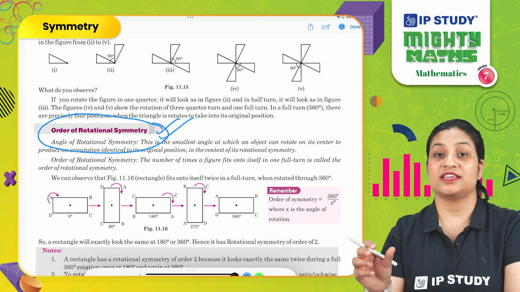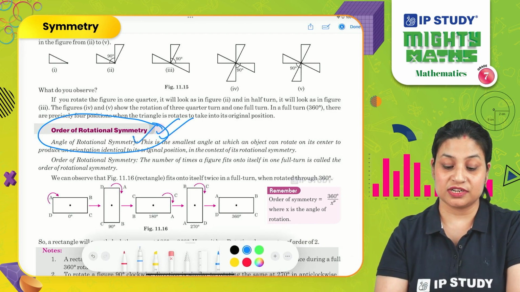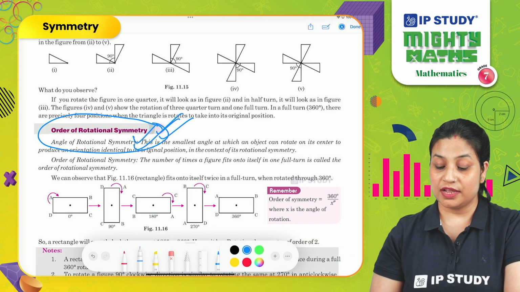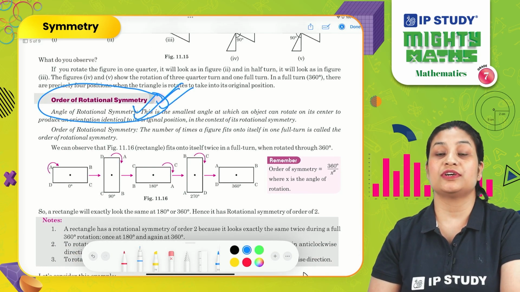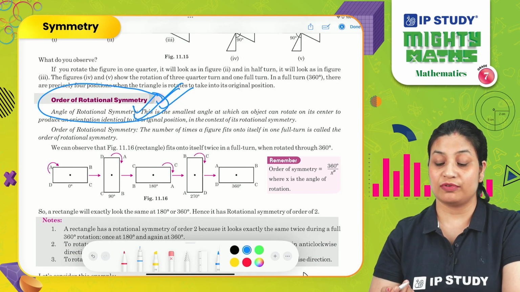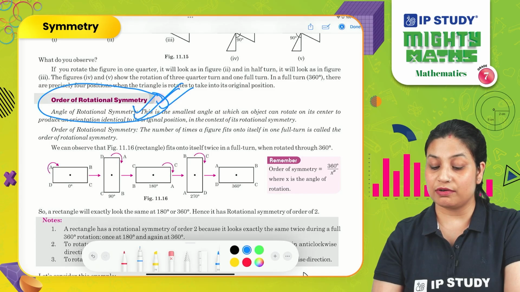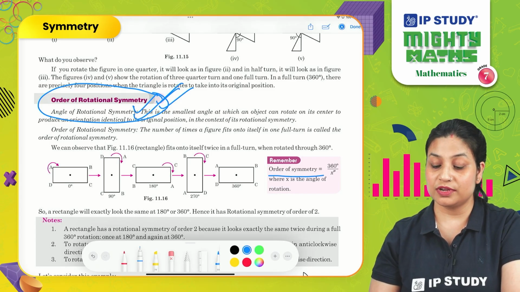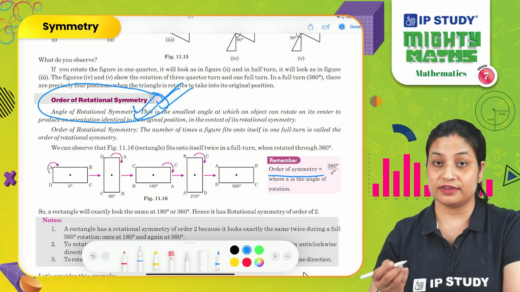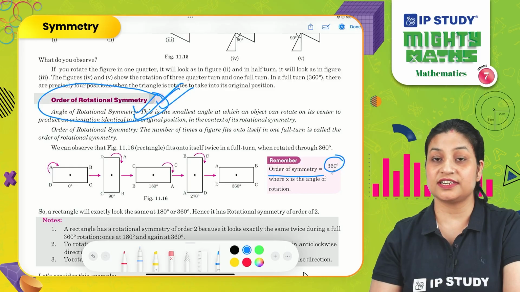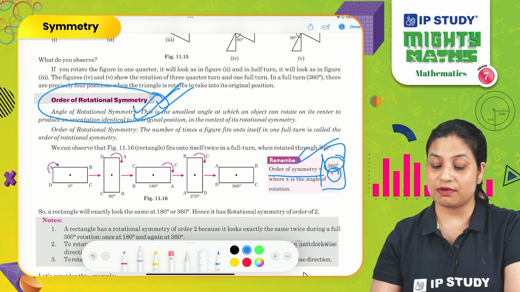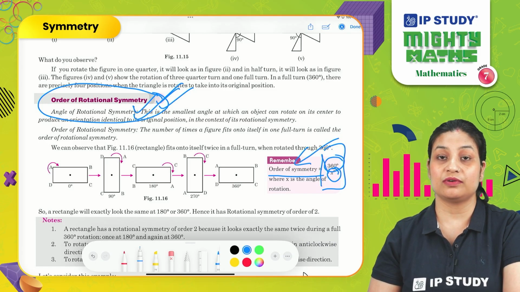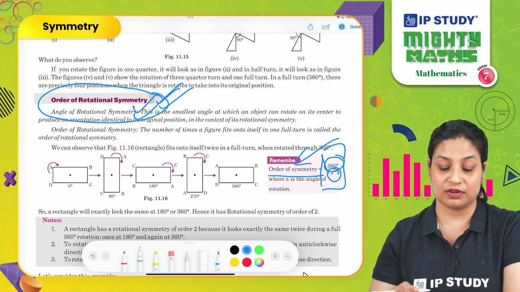That number is called order of rotational symmetry. Now, there is a relation between the order of symmetry and the angle of rotation. In order to find out order of symmetry, since we are checking for a full turn, right? We can divide 360 degree by the smallest angle, meaning the angle of rotation. If you do so, you will get your order of symmetry for that particular shape or particular object.